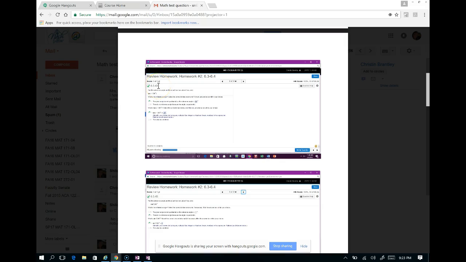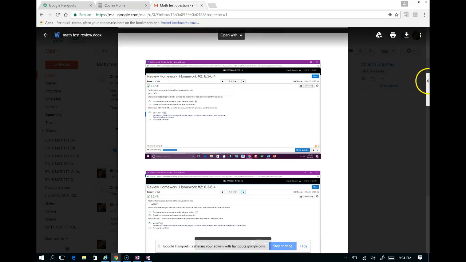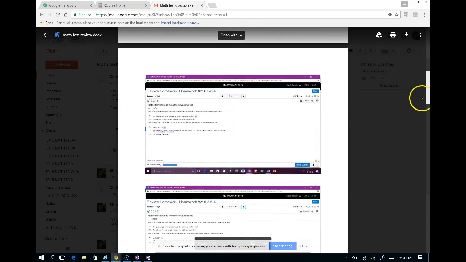It says question 43, and you know what? I labeled those other two wrong because I actually should have used the number up here, the 29 and the 30. That's what's going to match on your homework when you go back to review it. So I'm going to change those to 29 and 30. Those are the last two problems in homework number 1.